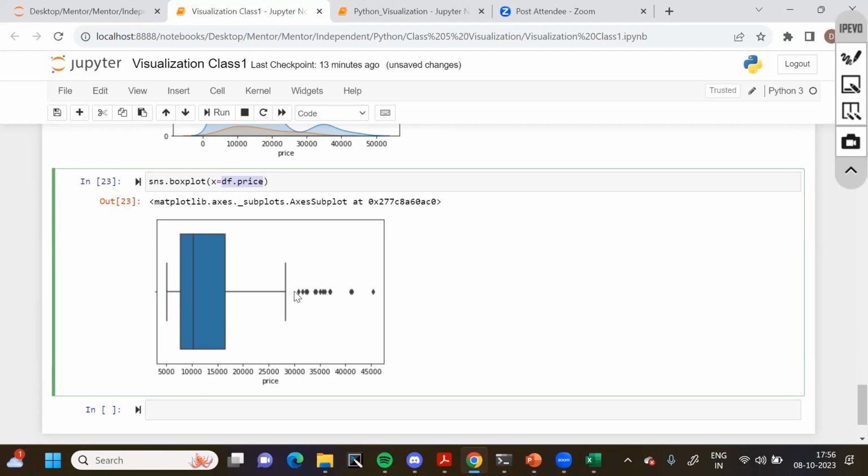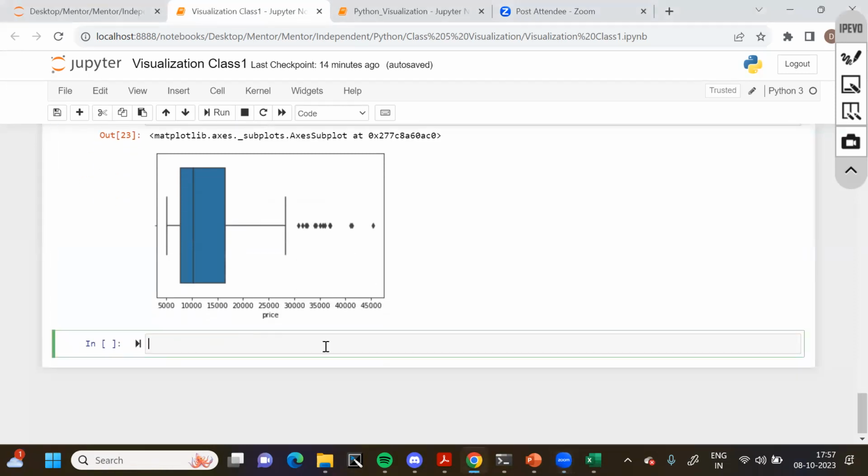The median price is this much, 10,000. There are certain automobiles which have a very high price. You can see these are the outliers, which are slightly way ahead of the normal prices of the automobiles. So this gives you one particular thing: certain ones have a very high price.